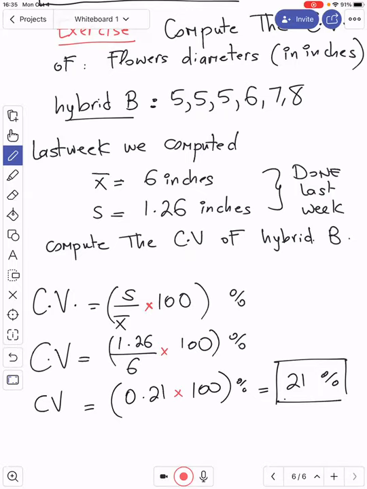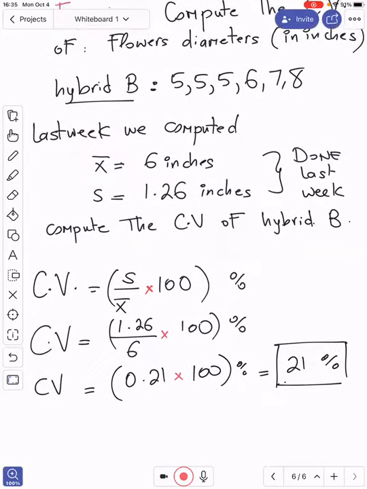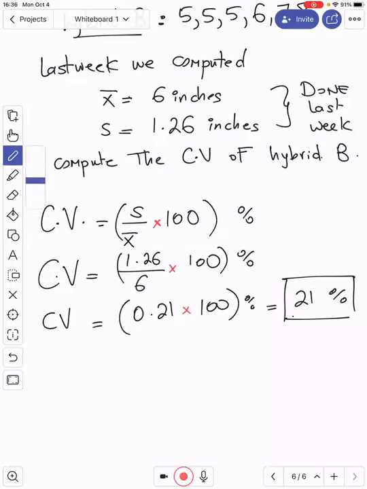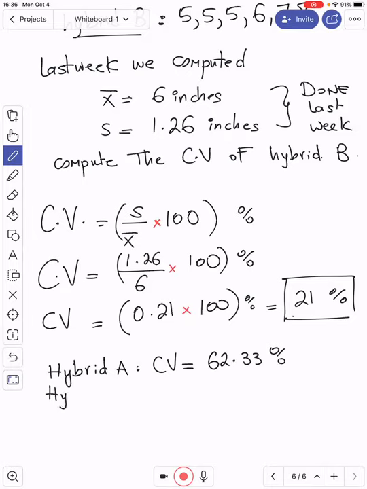Now, as you can see, guys, if you compare the two coefficients of variation, for hybrid A we got 62.33%. And for hybrid B, the coefficient of variation is 21%, right? Of course, the coefficient of variation of hybrid B is smaller than that of hybrid A, which means that hybrid B is more constant.